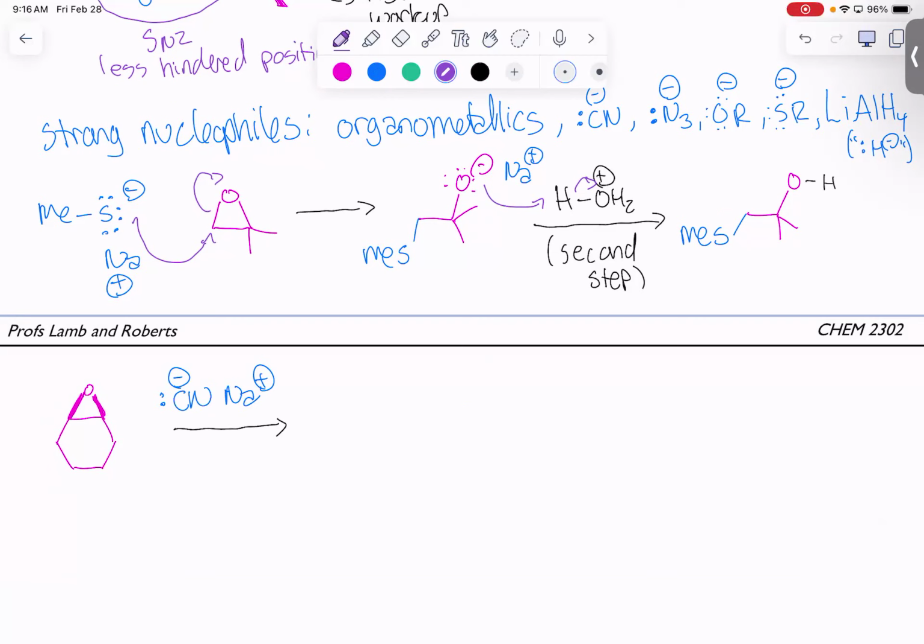These carbons are equivalent, so we could attack either one of them. I'm just going to draw the arrows for one of them first. This lone pair of electrons is going to attack that carbon, the carbon-oxygen bond is going to break, and it's going to put a lone pair of electrons on our alkoxide.